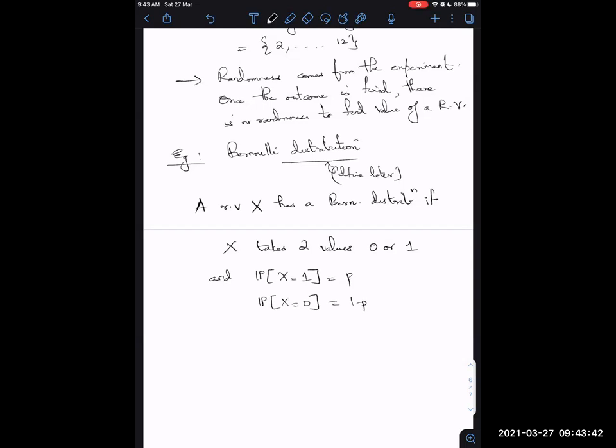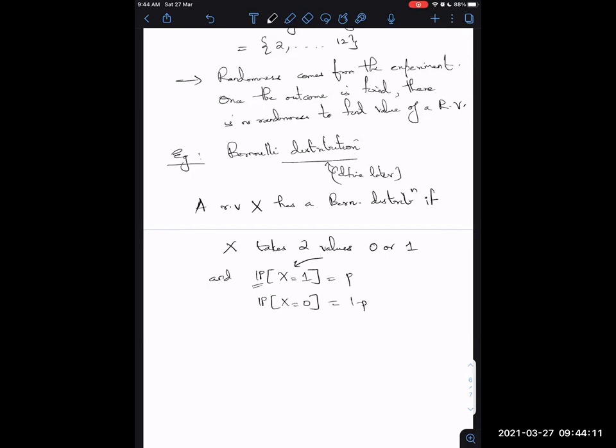Okay, and note that writing this way, that x equal to 1, is an abuse of notation. Anything inside the probability, how did you define probability to be? The probability function p was defined to be from the subsets of the sample space to some value between 0 and 1.